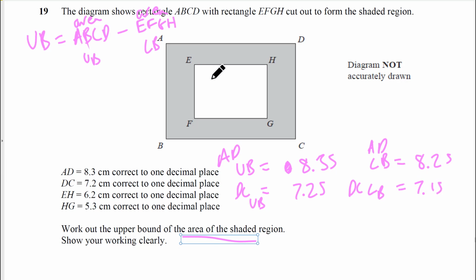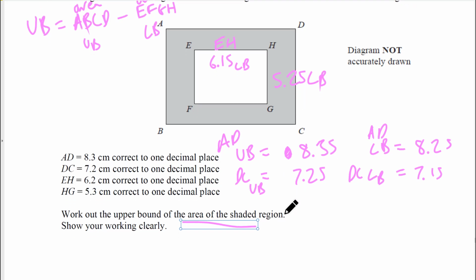Now E to H is going to be 6.15 lower bound, that's EH, and HG 5.3, so that's 5.25 lower bound. So we've got AD and DC, so that's all we need, upper bound times upper bound.